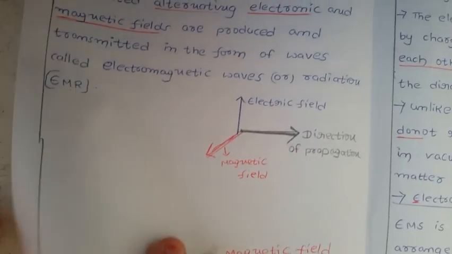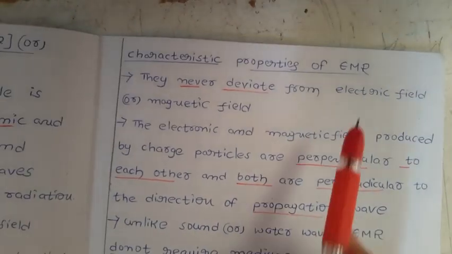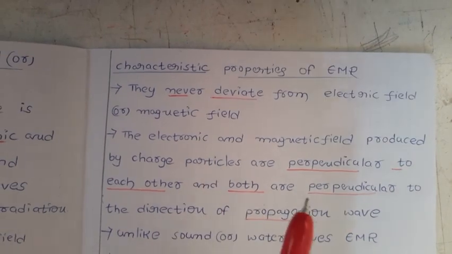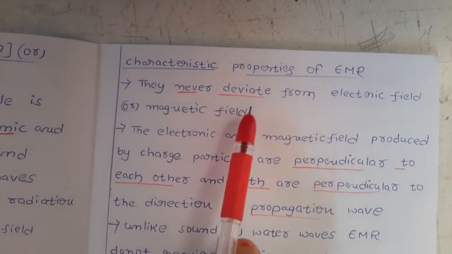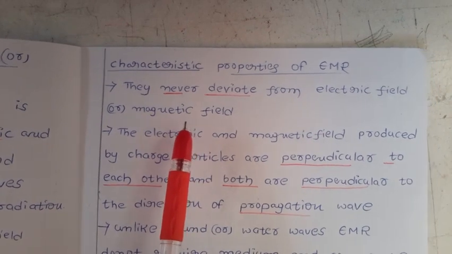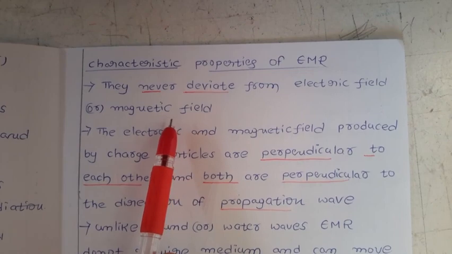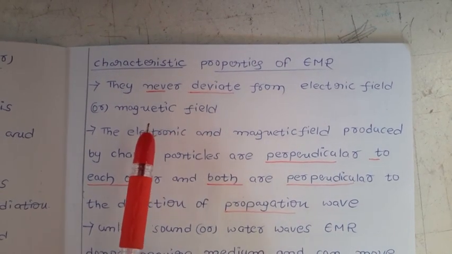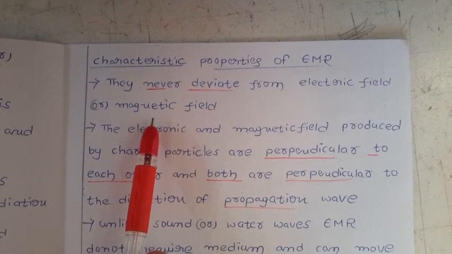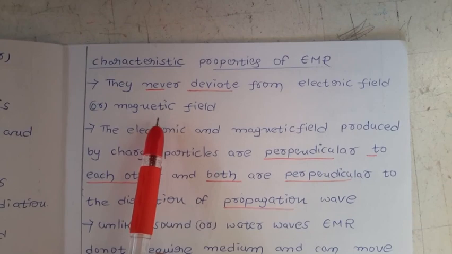Now come to the characteristic properties of electromagnetic radiations. If you see the properties, they never deviate from the electric field or magnetic field. What is the meaning of that? For example, if you are using a mobile and you switch on the Bluetooth, there are some electromagnetic radiations there, isn't it?